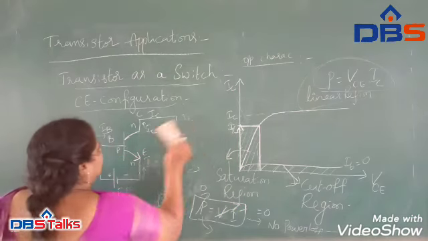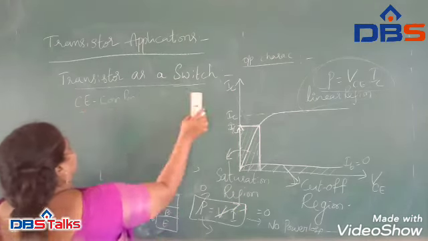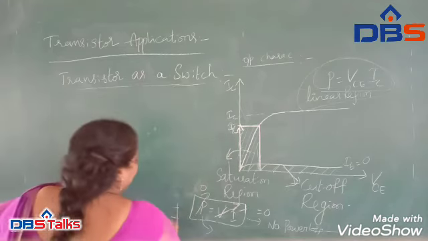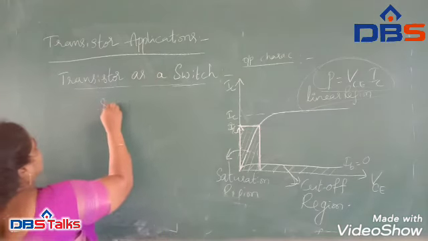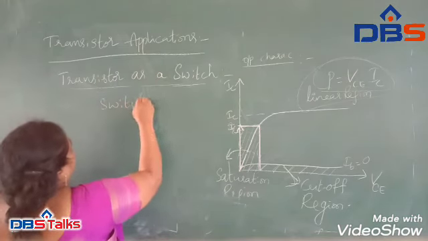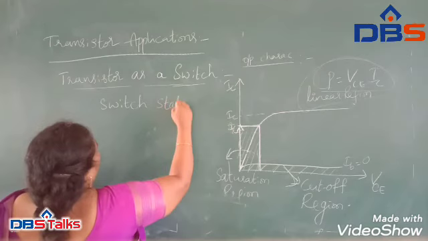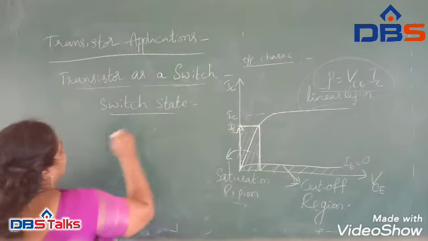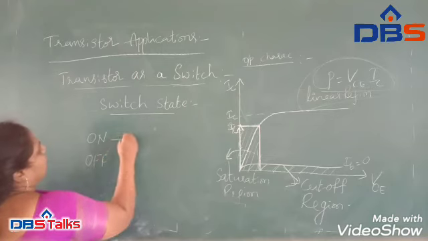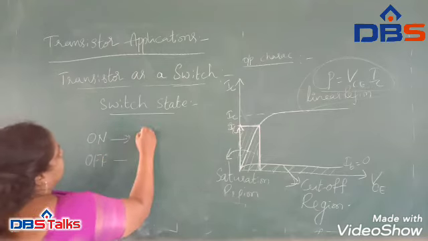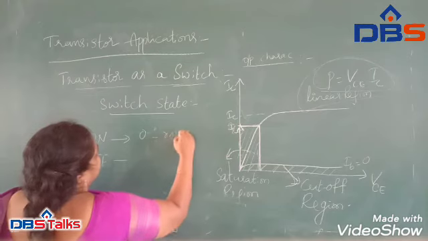How can we apply this for the switch condition? For that purpose, first we have to know about the switch state, I mean the switch condition: on state and off state. When it is in the on state, it has 0 resistance.